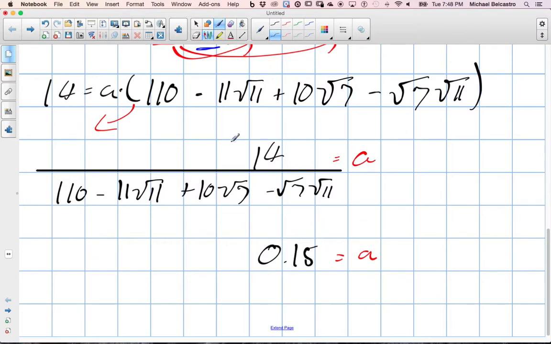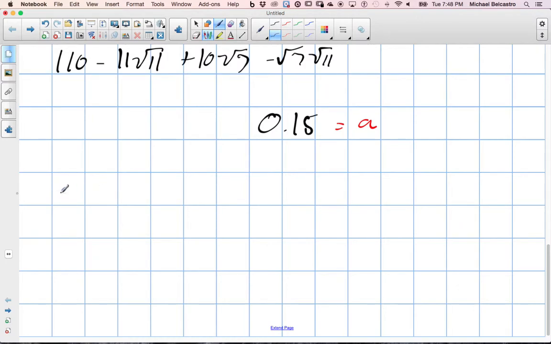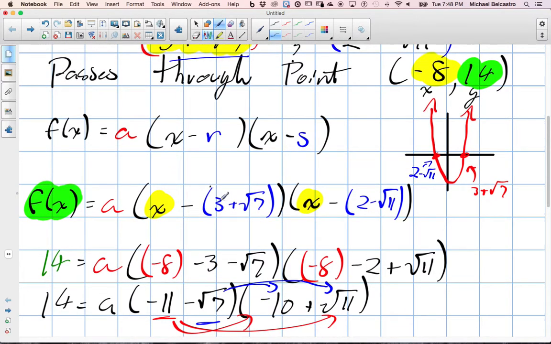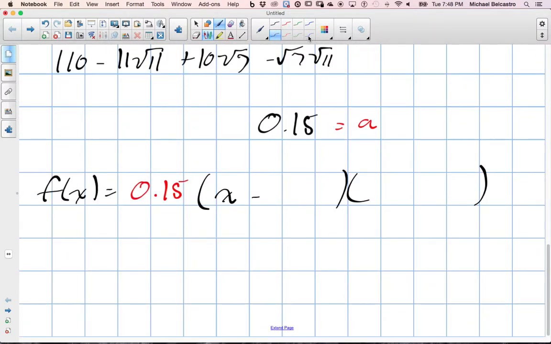So minus all that radical stuff, where we had to multiply them all through, we would technically build our equation. And our equation would read f of x is equal to, this is our A value, so 0.15 approximately. And then we would just write the rest of our roots. x subtract, and I'll go back up to the top here, 3 plus root 7.